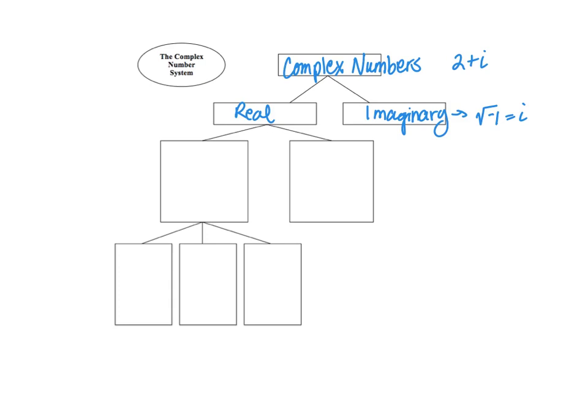Within real numbers, we have rational numbers and irrational numbers. Rational numbers are numbers that can be written as a fraction where a and b are both integers.